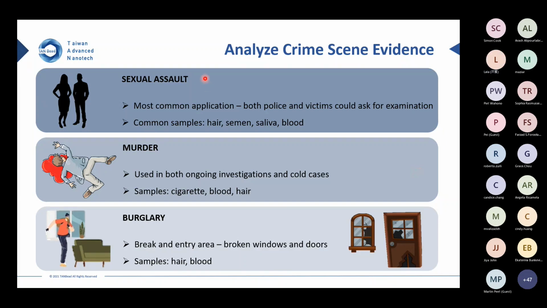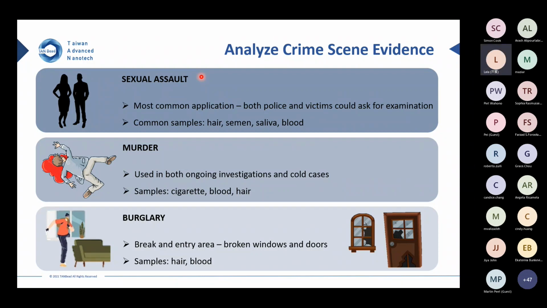So I said before that one of the most common applications is to solve sexual assault cases. In this type of case, both the police and the victims could request an examination.